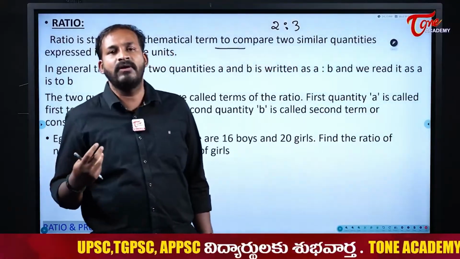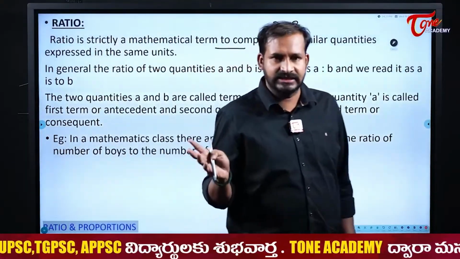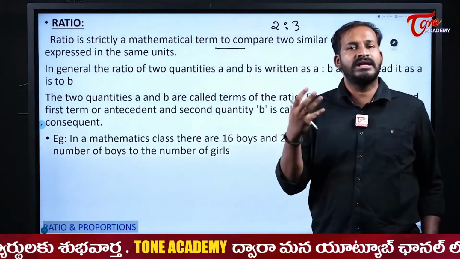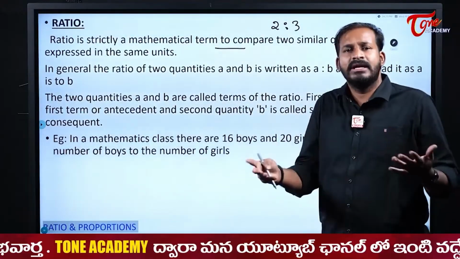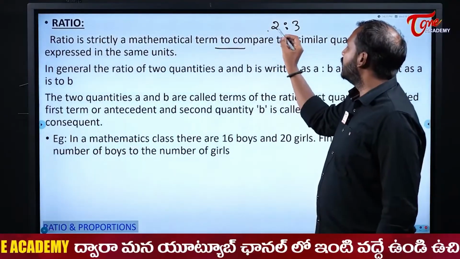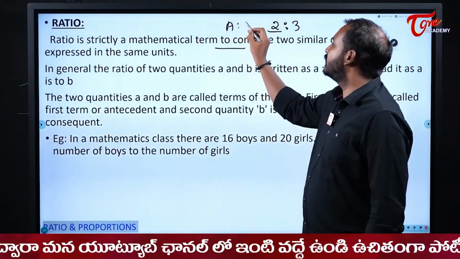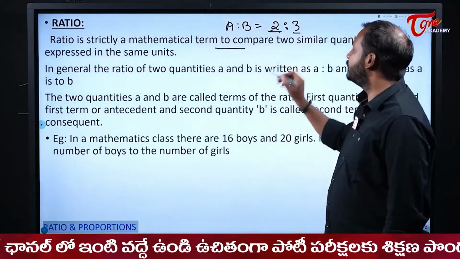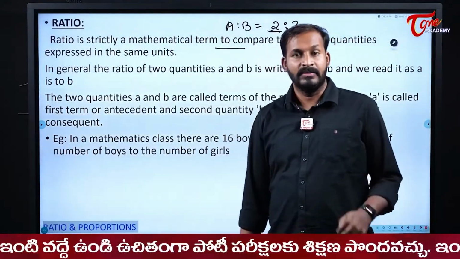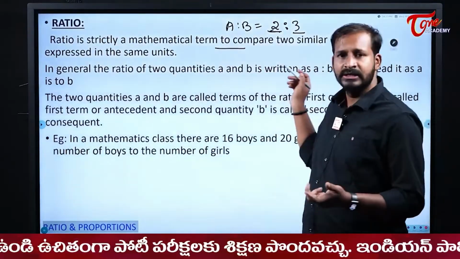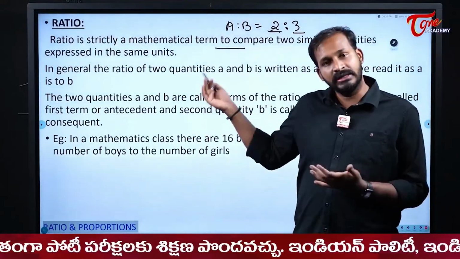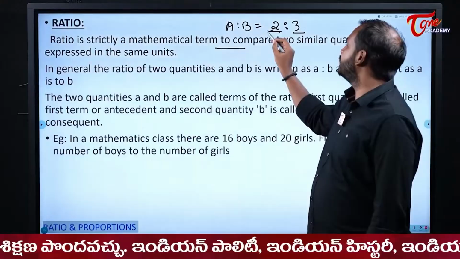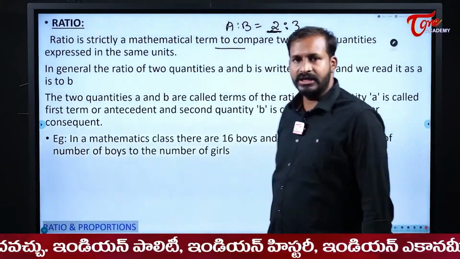Then I can take the help of ratios as well as percentages. If I say that two numbers are in the ratio of 2:3, it can be any value. For persons A and B, if A is to B is 2:3, if person A is two parts, B will become how many parts? 3 parts. But we don't know the exact value. It can be 2, 3, 4, 6, 200, 300, 2000, 3000 or 2 lakhs, 3 lakhs, whatever it may be. But the relation between them will be in the 2:3 ratio.